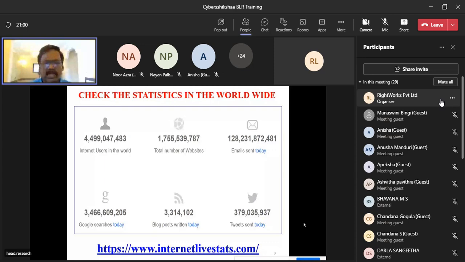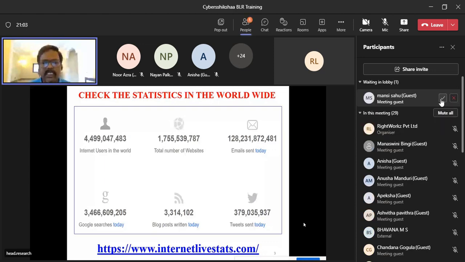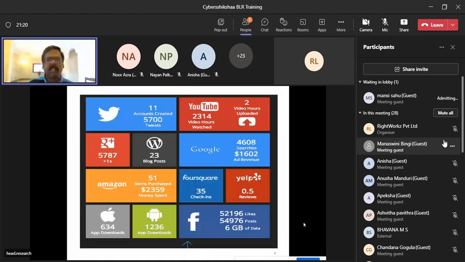Total number of websites opened in this minute. Can you read this huge number? Emails sent today, Google searches today, blog posts written today, tweets sent today. If you click this URL, you will get statistics worldwide. The same thing I have incorporated in this slide, and the numbers are automatically increasing.